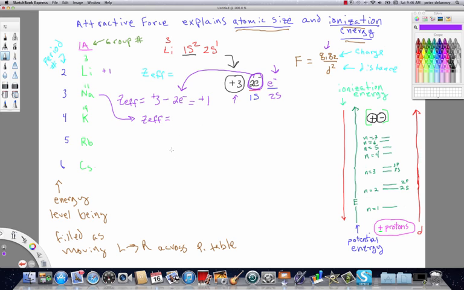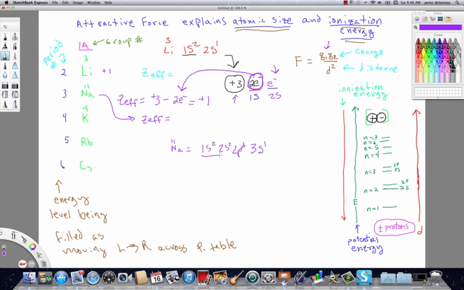So we're going to calculate the effective nuclear charge for sodium. Now, the electron configuration for sodium, which I'm going to do very quickly because I think it will help the viewer, is going to be 1s2, 2s2, 2p6, 3s1.